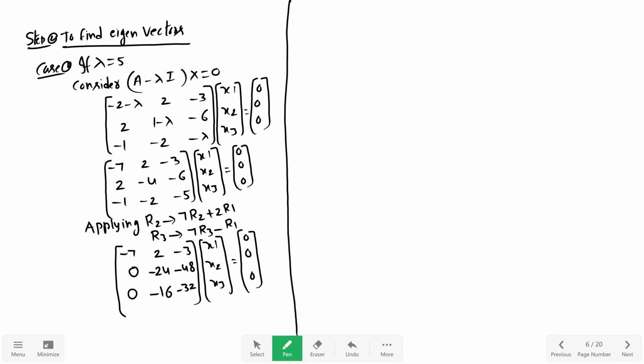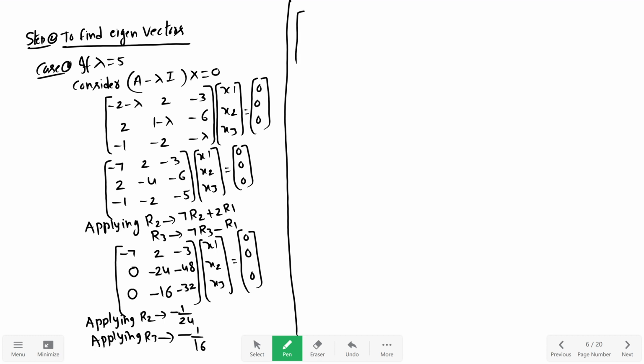Next, applying: multiplying R2 gives minus 1 by 24, and R3 gives minus 1 by 16. Just only the second row and third row are multiplied. Second row by minus 1 by 24 and third row by minus 1 by 16.